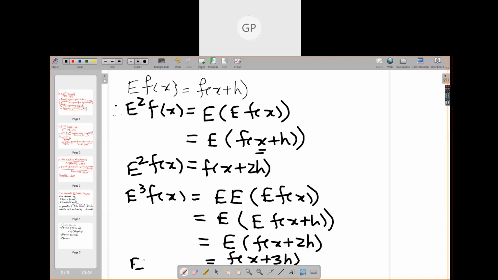So when you apply E 3 times, the x gets shifted by 3h. E cube f of x is equal to f of x plus 3h. Sorry, I wrote the left hand side wrong, it should be fx. I will rewrite it neatly.